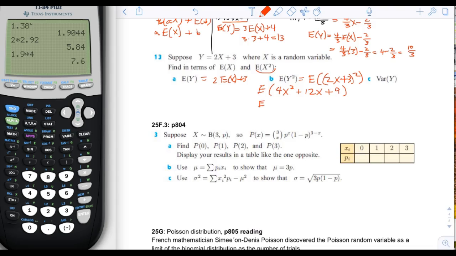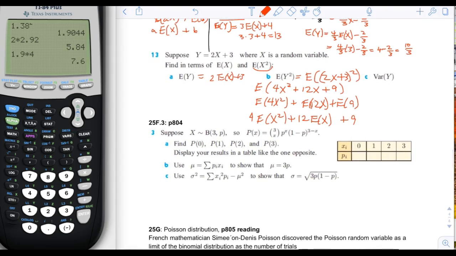This is equal to the expected value of 4x squared plus the expected value of 12x plus the expected value of 9. The expected value of 9, of course, is 9. The expected value of 12x is 12 times the expected value of x. And the expected value of 4x squared is equal to 4 times the expected value of x squared. Okay? That's it for that one.